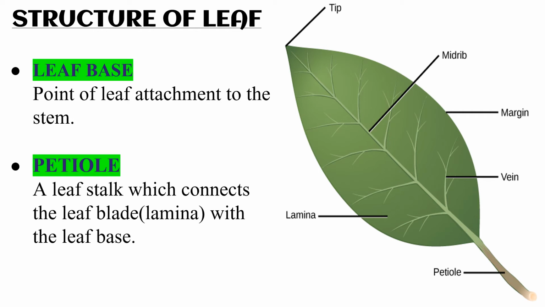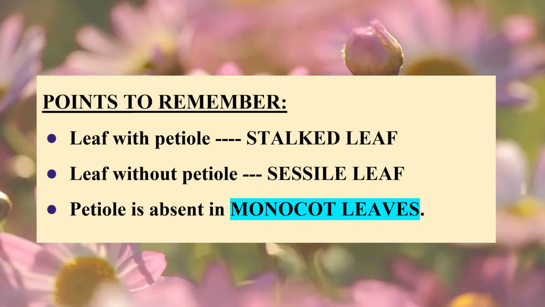And do you know that petiole is absent in monocot plants? Yes. Students, always remember leaf with petiole are called stalked leaves and leaf without petiole is called sessile leaf.